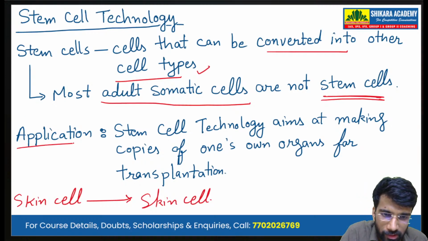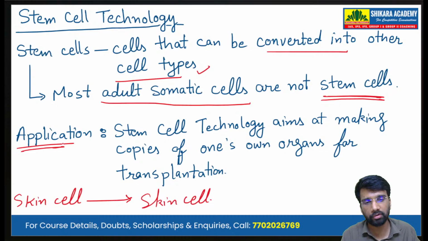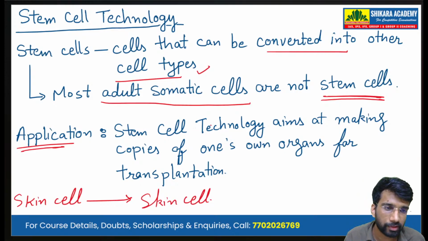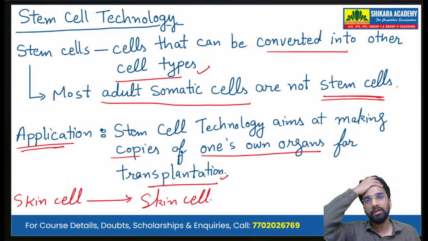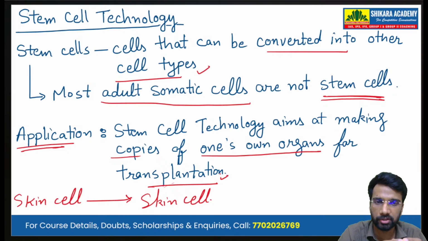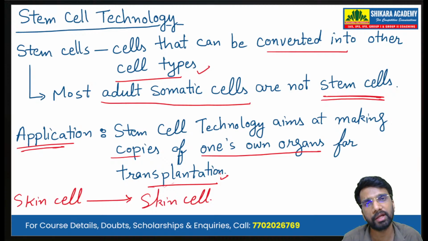The application of this stem cell concept is that stem cell technology aims at making copies of one's own organs for transplantation. When we do organ transplantation, there is a high chance that our own immune system might reject the transplanted organ, because our immune system has a very strong sense of self and anti-self.